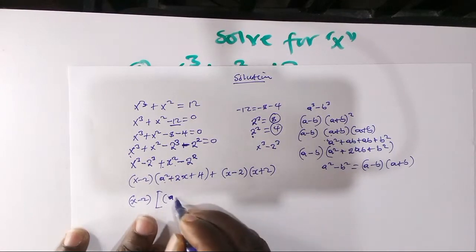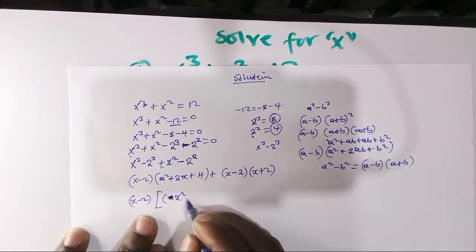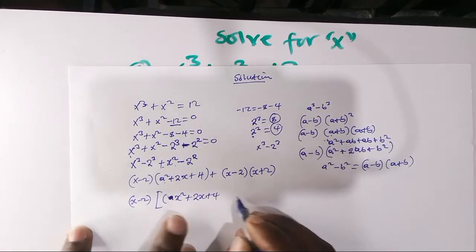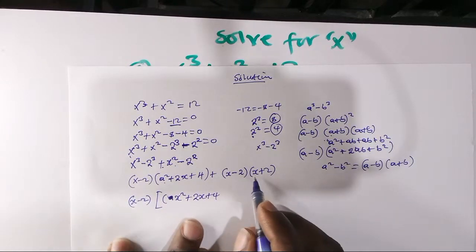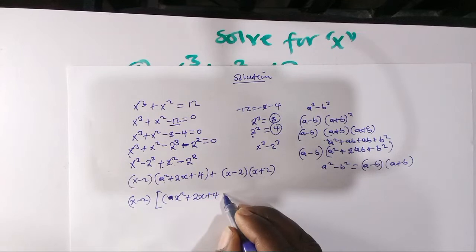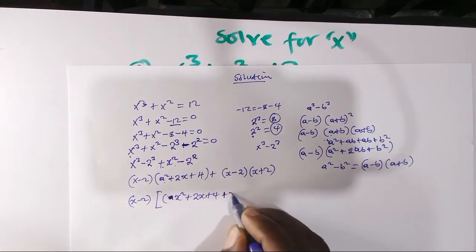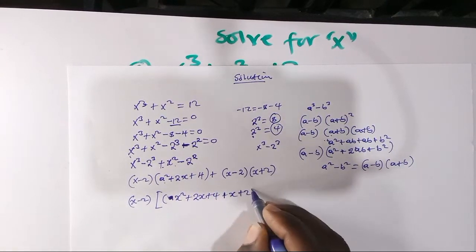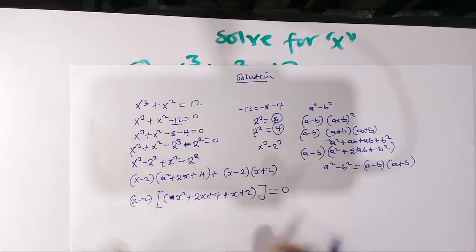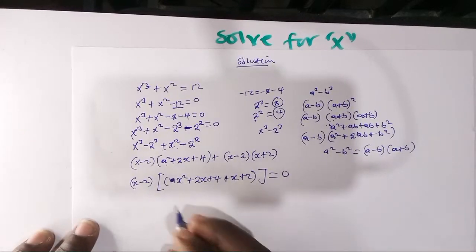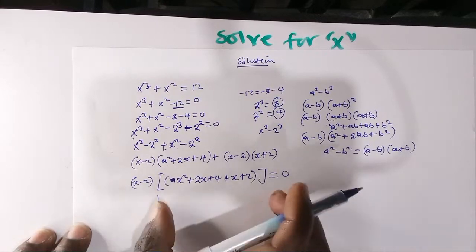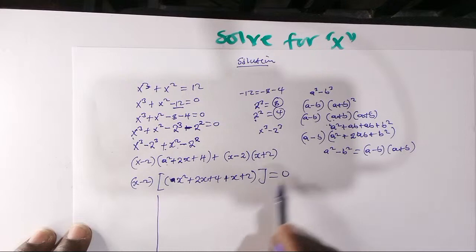Here we have x squared plus 2x plus 4. Then here we remain with x plus 2. So we have plus x plus 2 in the bracket, then close the square bracket, which equals 0. So we have to solve these terms separately. We are going to equate each of these to 0.